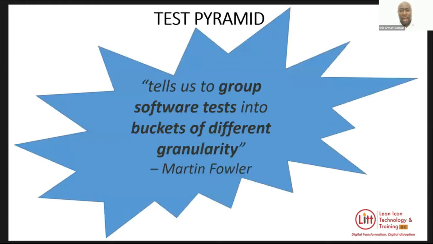A guy called Martin Fowler is a software developer, author, and public speaker on software development, specializing in object-oriented analysis and design, UML, patterns, and agile development methodologies, including extreme programming.